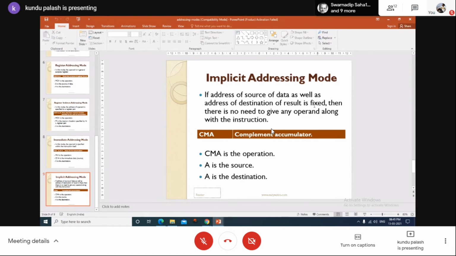It is a single byte instruction with no operand, so the instruction itself has its inbuilt operand. That is, the content of the accumulator will be complemented. So it is called implicit addressing mode. That means the addressing of the source and the destination, both in the accumulator, are implicitly mentioned in the instruction itself.